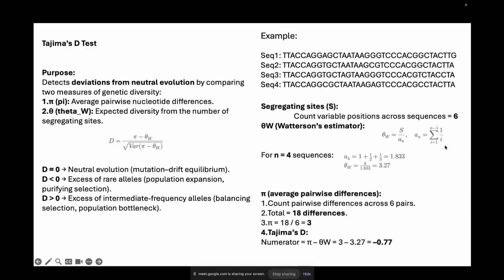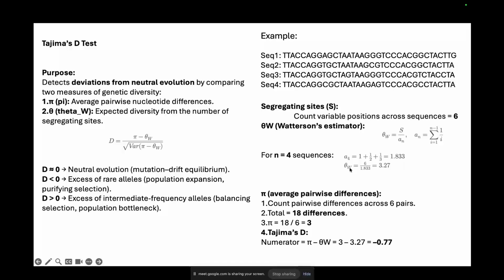It is a finite sum, from 1 to n minus 1, of 1 by i, and n is the number of sequences. So for n equal to 4 sequences, a_n would be 1 plus a half plus 1/3. So it goes from 1 to 3, the sum of 1 by i. If you add this up, this becomes 1.83.